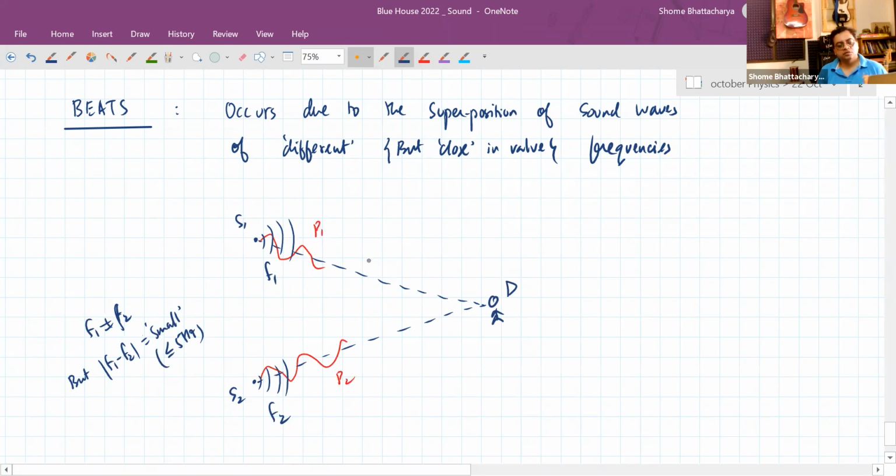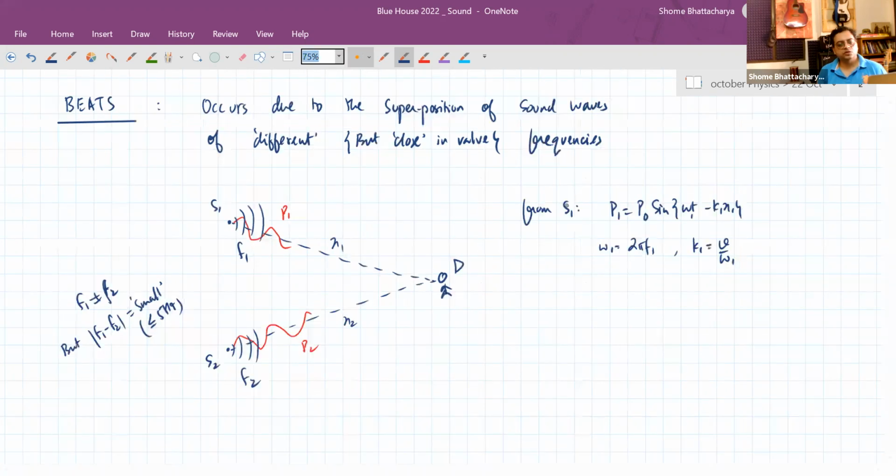So let's say this distance is x1, this distance is x2. So from source S1, okay, the sound heard is like this, because omega 1 is 2 pi f1 and k1 is omega 1 by v, where v is speed of sound that is common for both of the sources.